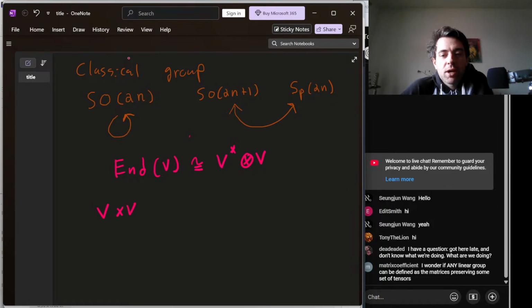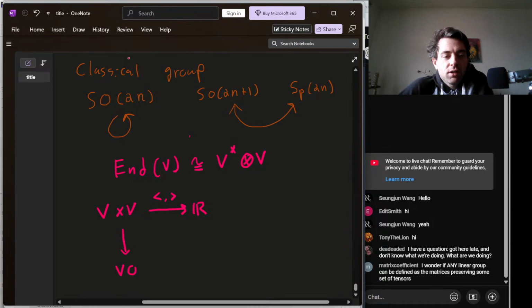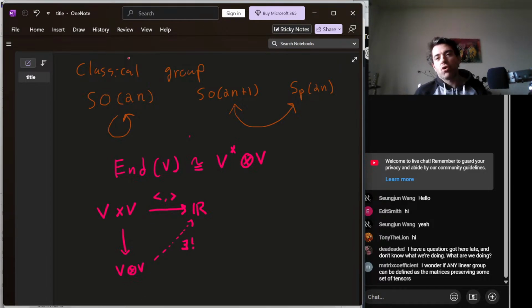I mean, a bilinear map is a map that's well defined on tensors, right? So, if you have V, the Cartesian product of V to R, you have some sort of pairing. It's a bilinear map. Then, by the universal property of tensor products, you get a unique linear map on the tensor product. So, in a sense, yeah, the answer is just yes, right?